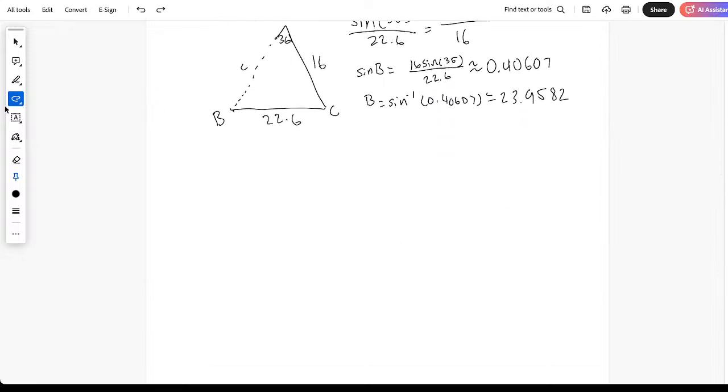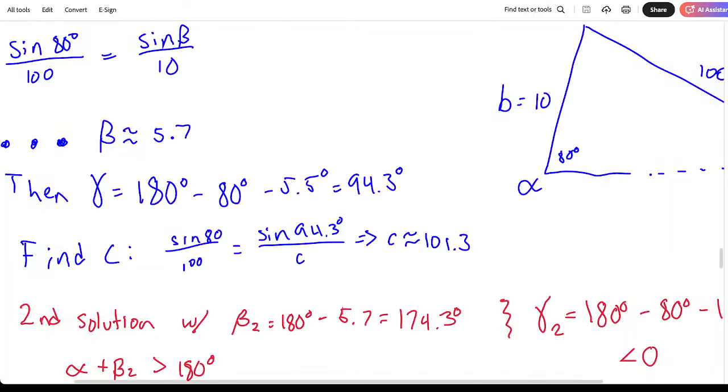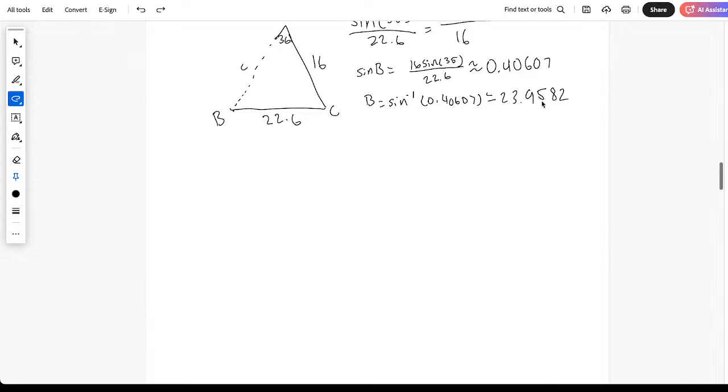So we know, hold on, he had this rounded. Let's keep it at 3 decimals. We know that angle B is 23.958 now, so we can do 180 minus 36, which is angle A, and then minus 23.958.